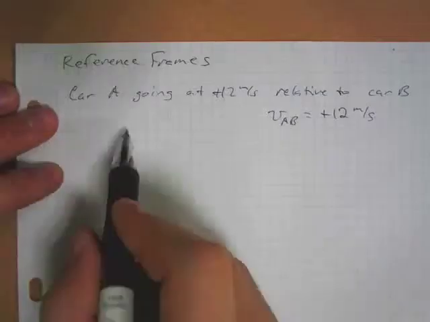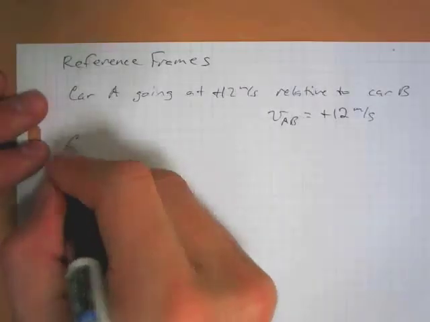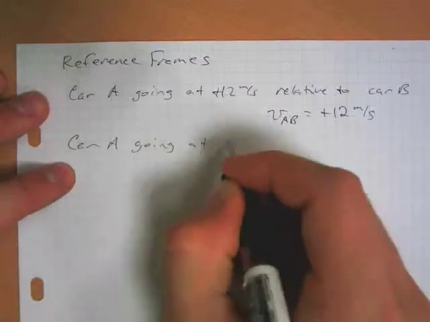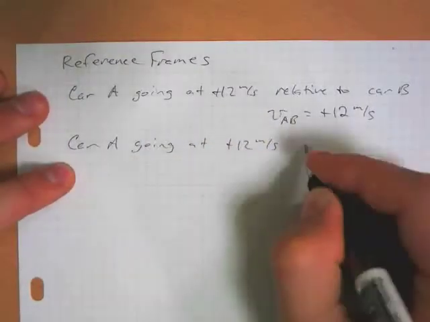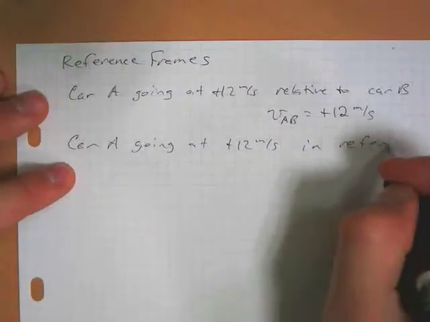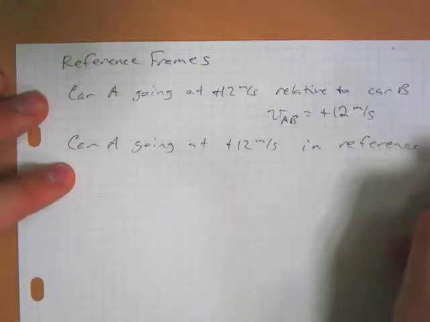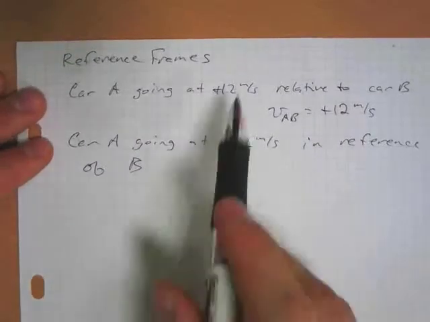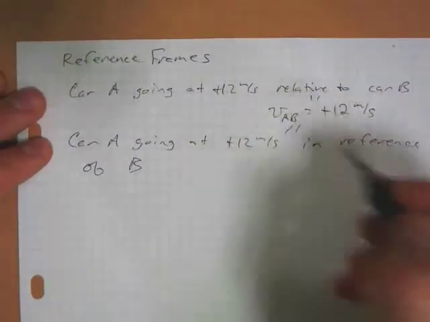Another way of saying this is that car A is going at plus 12 meters per second in the reference frame of B. So these are all equivalent statements, right?